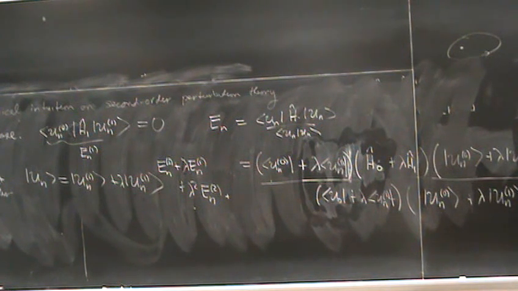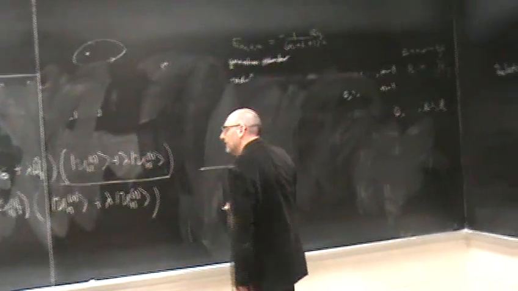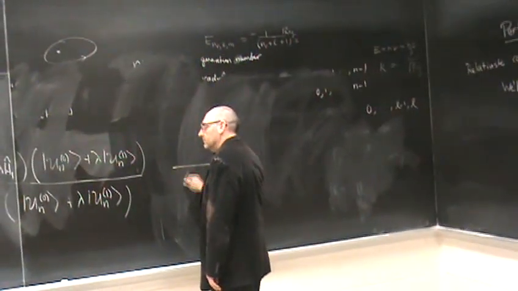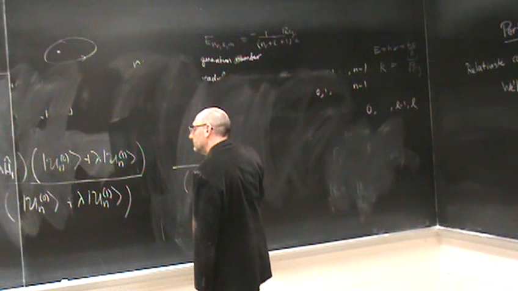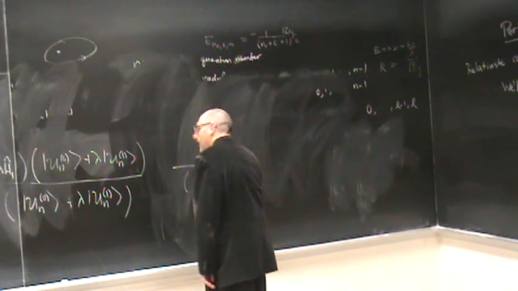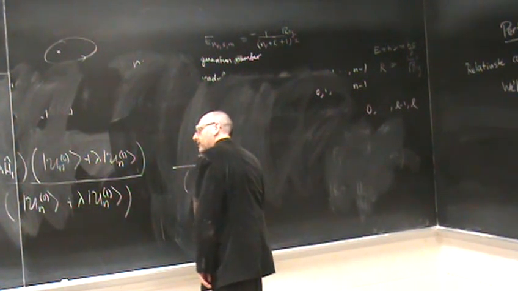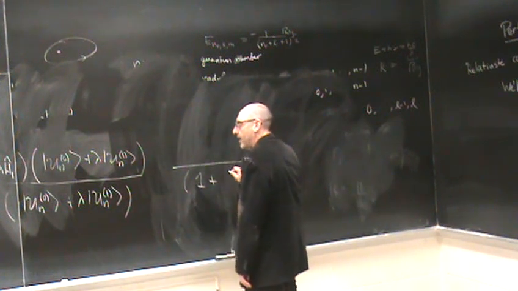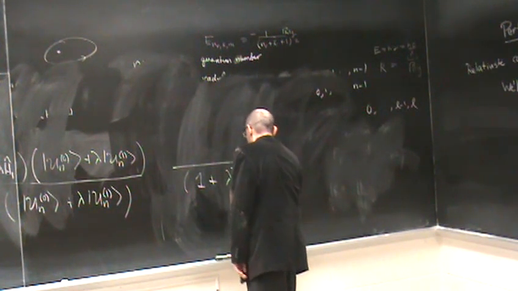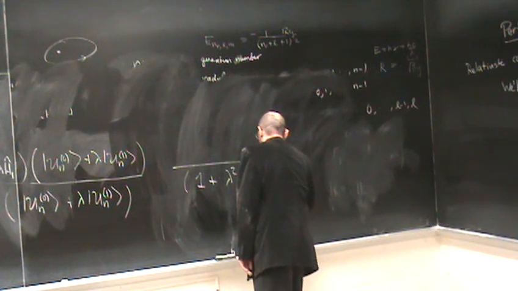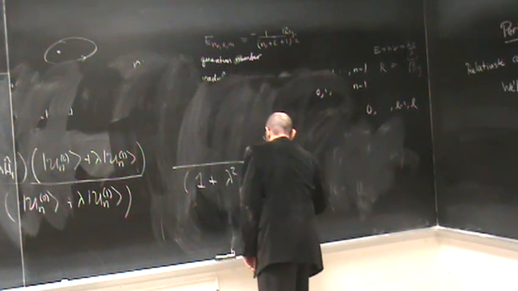And what I see here is that the denominator, to second order in lambda, is 1 plus lambda squared UN1 times UN1, right?